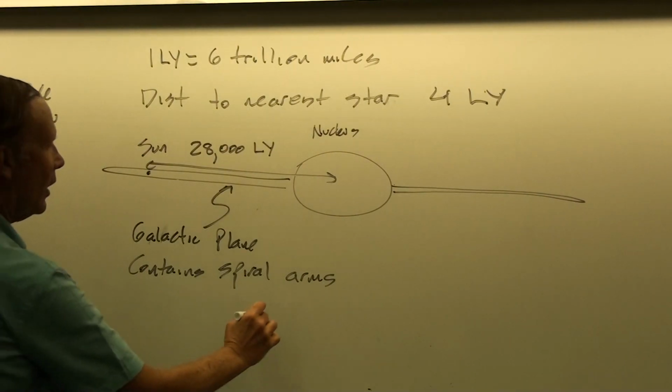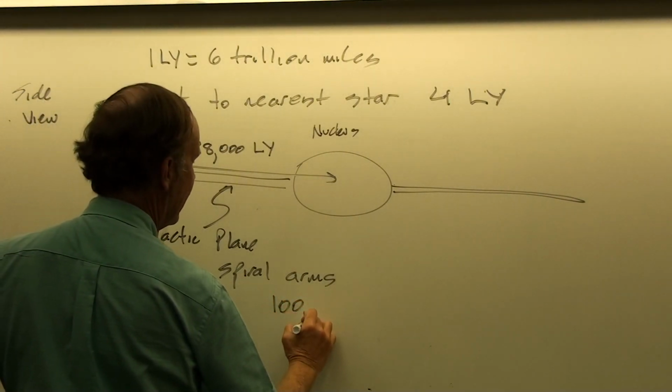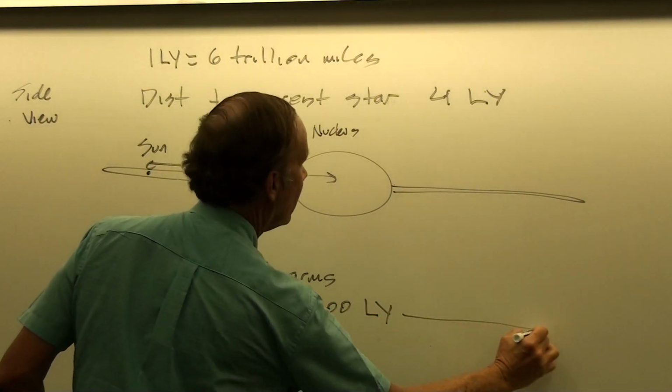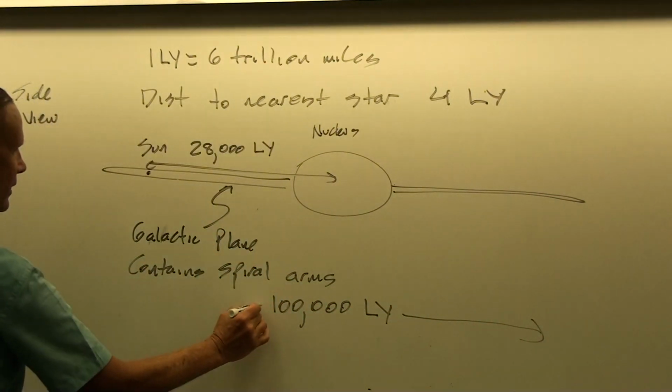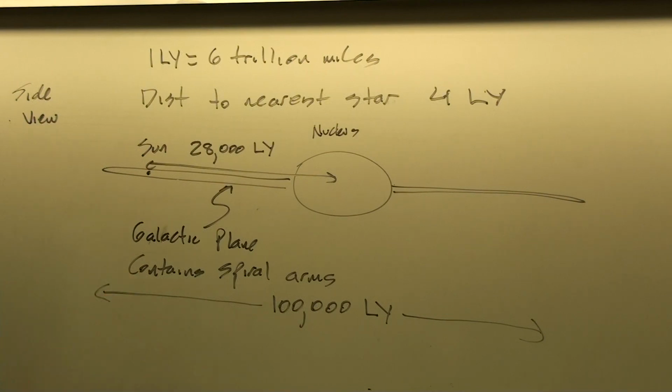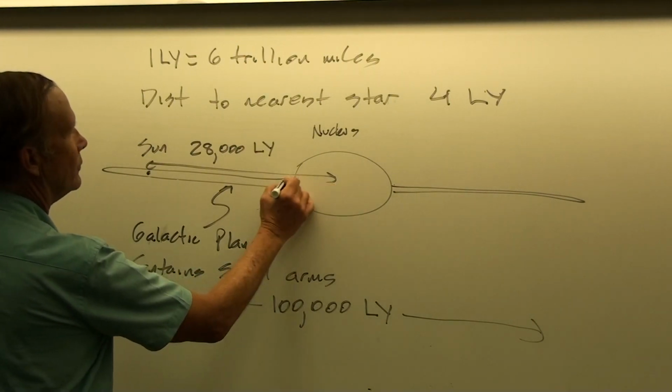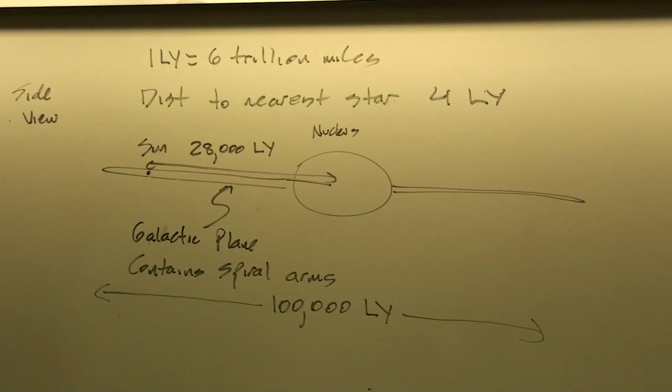But the distance all the way across the Milky Way galaxy is about 100,000 light years. So LY here is our abbreviation for light year. So the sun is something like 3/5 of the way out from the center to the outer edge of our galaxy.